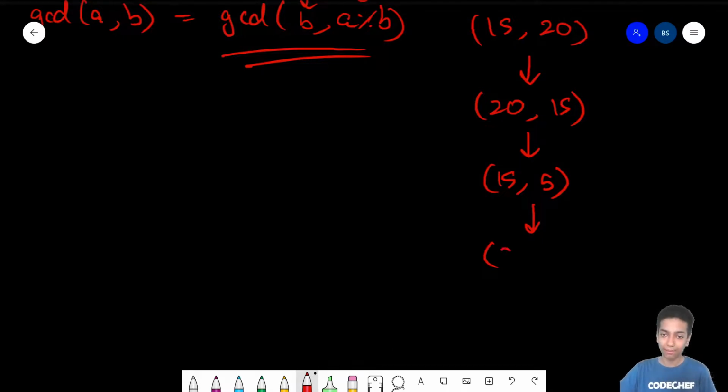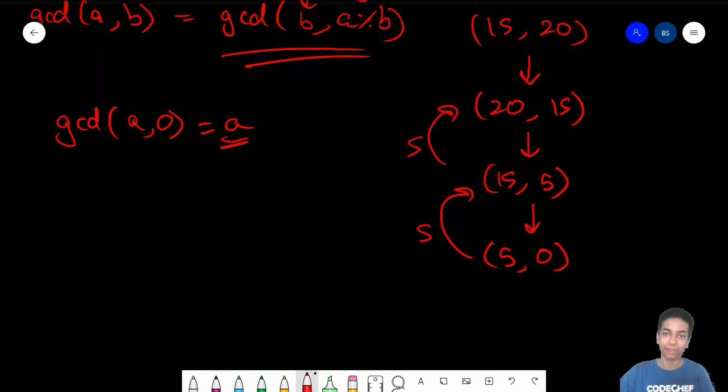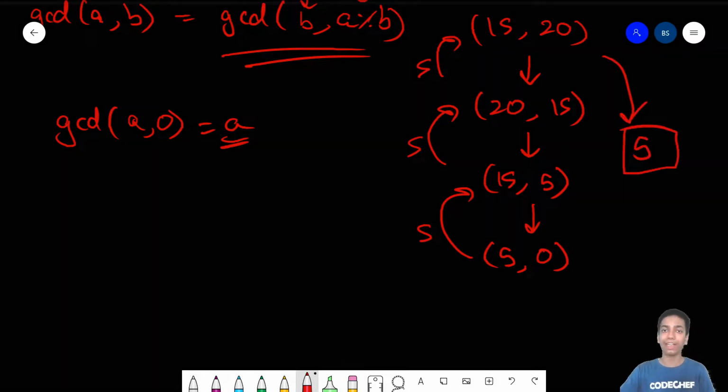So then you have 5 and 15 mod 5, that is 0. And we know that this is a base case now, right? GCD of A and 0 is A, right? So clearly we return 5 here, and this will keep on returning 5. And here we go. We have found the GCD of 15 and 20 to be 5.